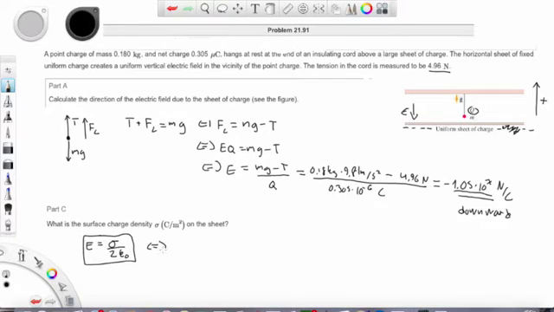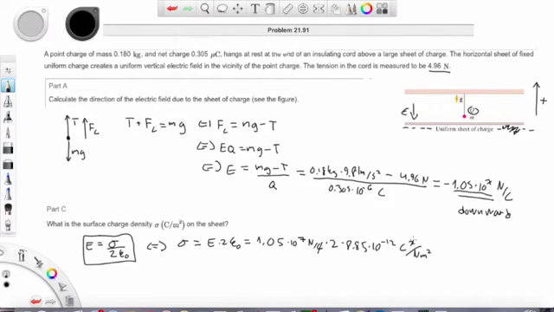From here we can solve the charge density to be the electric field magnitude times 2 times epsilon 0, and we had for the electric field magnitude, no negative sign included, 1.05 times 10 to the 7 newtons per coulomb times 2 times epsilon 0, which is 8.85 times 10 to the minus 12 coulomb squared divided by newton meter squared.